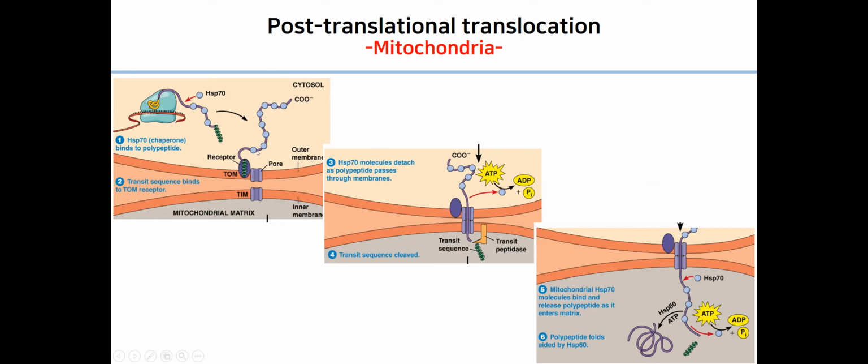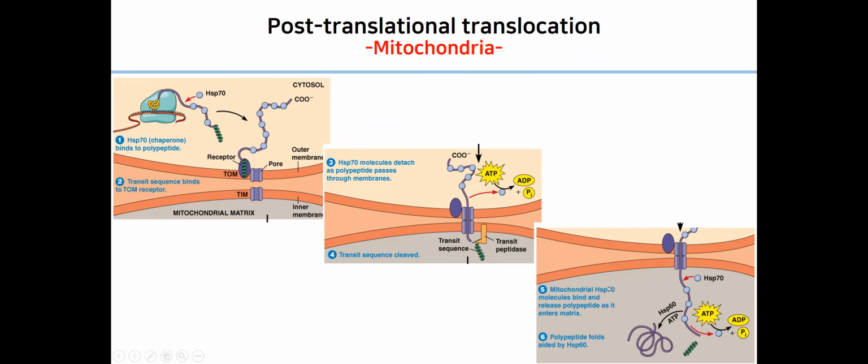So the polypeptide's targeting signal encounters the TOM. The HSP70 molecules detach as the polypeptide passes through the membranes, using ATP energy. And then the transit sequence is cleaved by a similar mechanism.